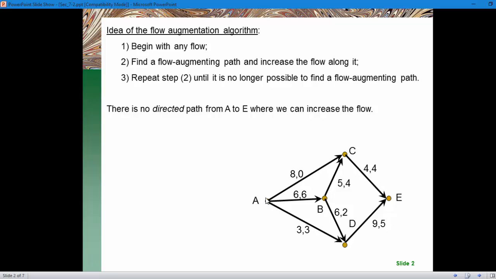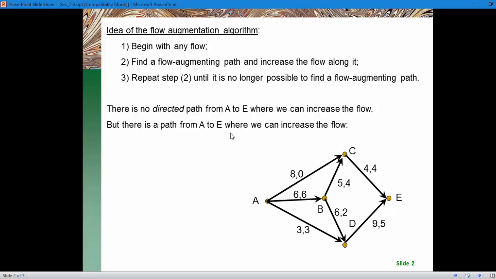But if we ignore the arrows, if we ignore the directions, we can use a path going from A to C to B to D and to E. Along this path, notice that there is an arc going in the opposite direction. Perhaps we can decrease the flow here. Instead of increasing the flow, we can decrease the flow along the reversed edges, the reversed arcs. And that's the idea that we're going to use.